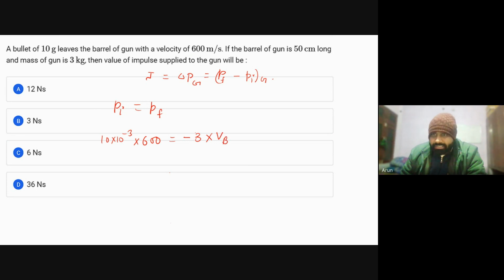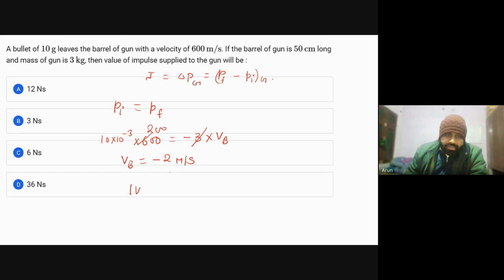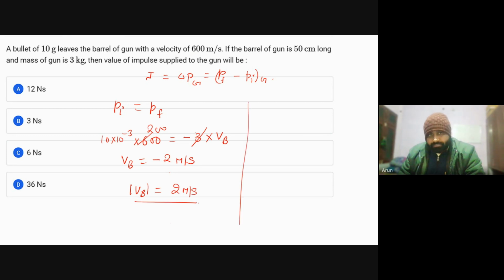Now, why did I put minus here? Because the gun will move in the opposite direction to the bullet. So this will become 200. Finally, VG we have as a value of minus 2 meter per second. If you are interested in the magnitude only, you can take VG equals 2 meter per second. So we will take this value. Now we know the final velocity of the gun.